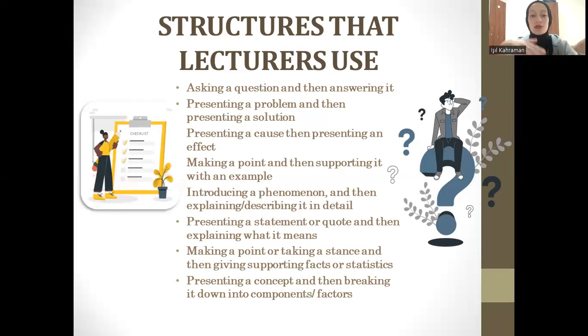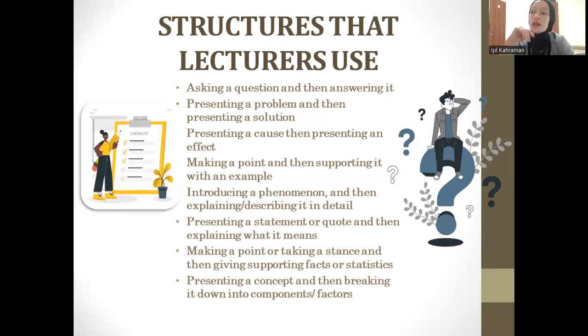Yes, there is a lot of presenting. Because of that, lecturers always present something so that they can explain everything carefully and properly. And making a point, then supporting it with examples or other things.